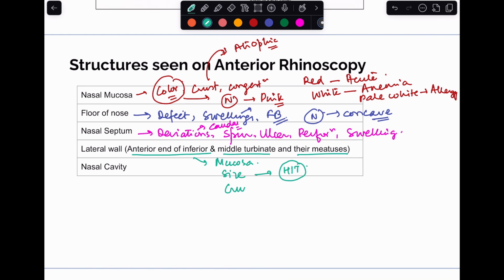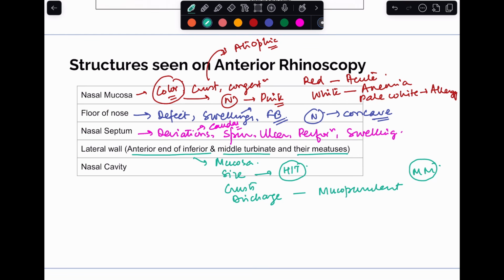We'll look for the presence of any kind of crusts. We'll also look out for any discharges. Typically, in cases of acute sinusitis, we'll see mucopurulent discharge, for instance. A lot of the sinuses drain into the middle meatus. So in the middle meatus area, you may end up seeing this mucopurulent discharge that will be directing you towards sinusitis.